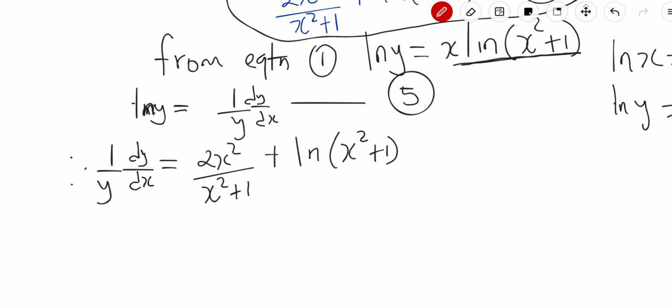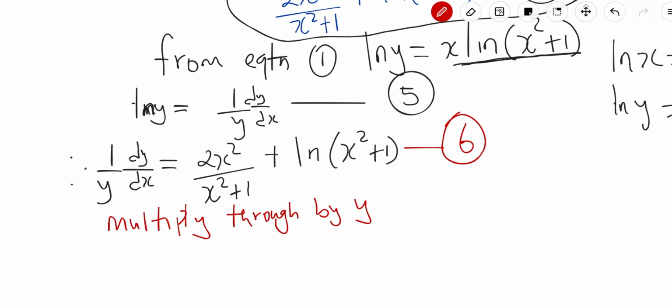After equating that, we can call this equation 6. From equation 6, I can multiply through by y.